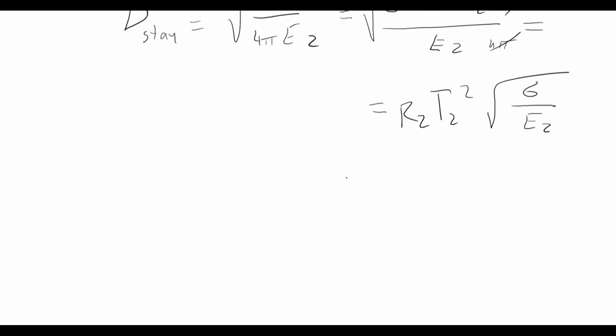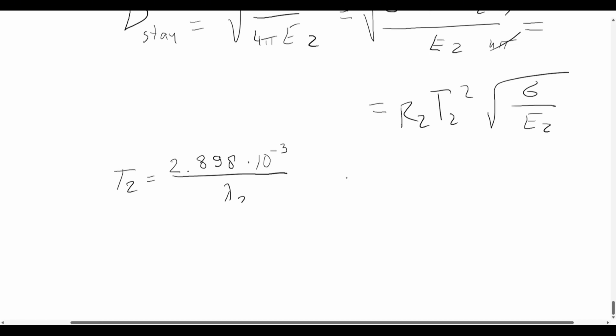So from Wien's law, we can find that T2 equals 2.898 times 10 to the power of negative 3 over lambda 2. Okay.